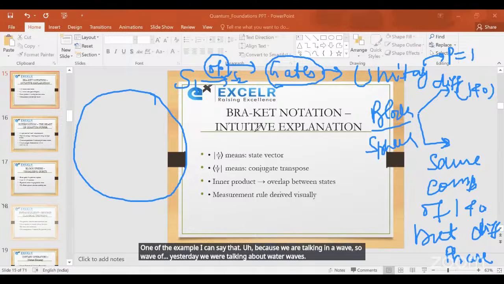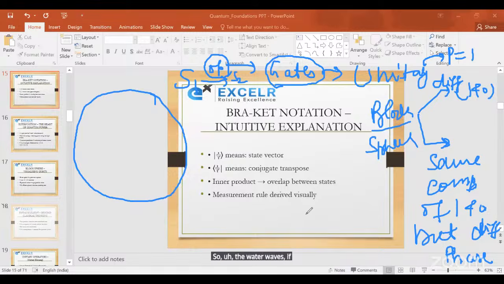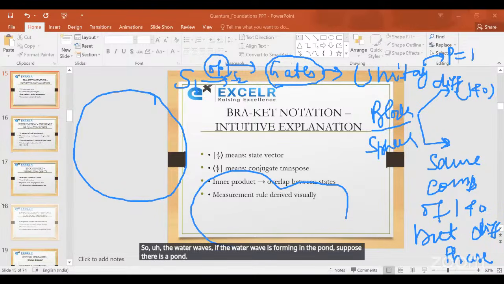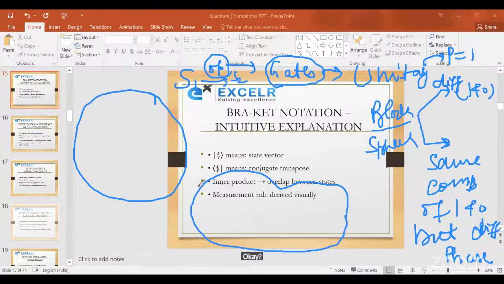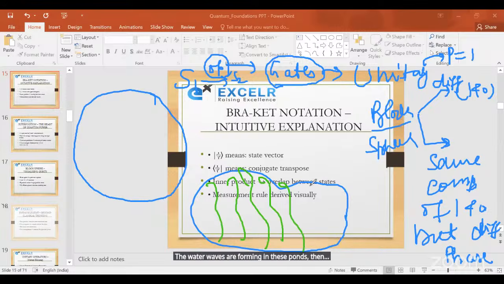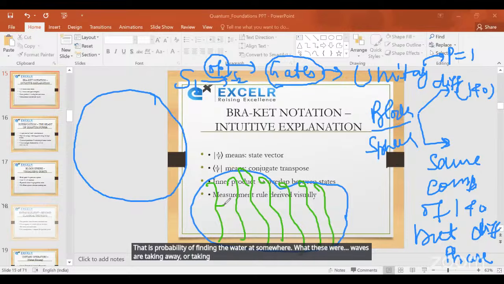If water waves are forming in a pond, then what is differing is the probability of finding the water somewhere, what these waves are taking away or bringing towards the water, right?